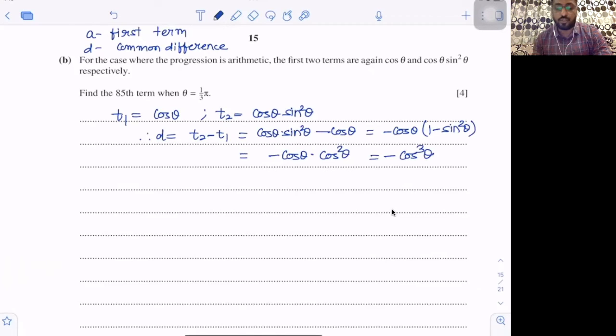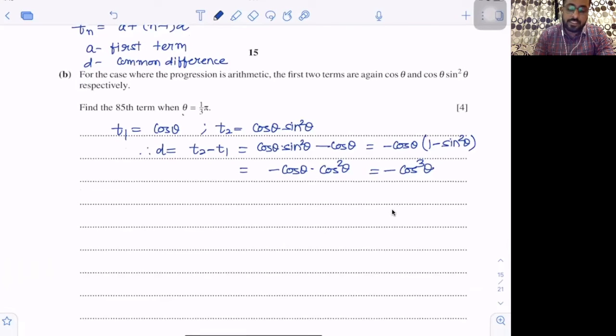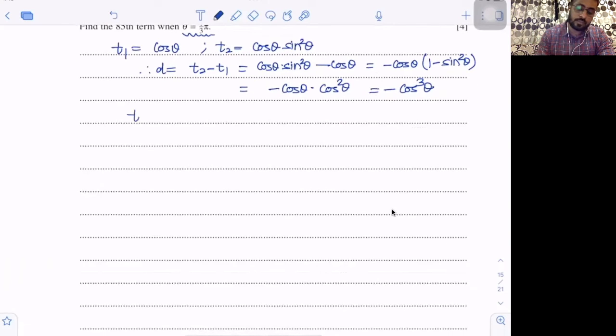I want to find the 85th term. So I know that the nth term is given by a plus n minus 1 d. So for the 85th term, and theta is pi by 3, T85 is a plus 85 minus 1 times d. So it's like a plus 84d, right? a is the first term.